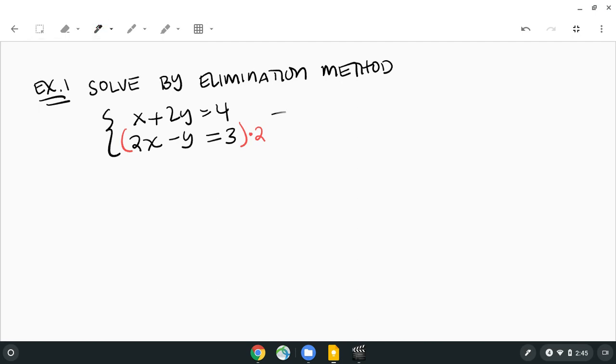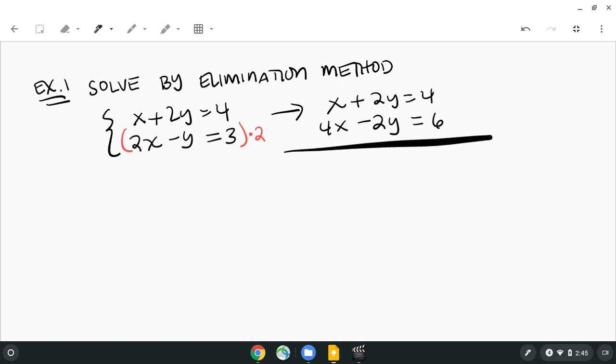So let's go ahead and bring these over. The top one remains the same. The bottom one, multiply everything by 2. So I get 4x minus 2y equals 6. And so now I can go ahead and combine my two equations, and I see here that my y's will eliminate.